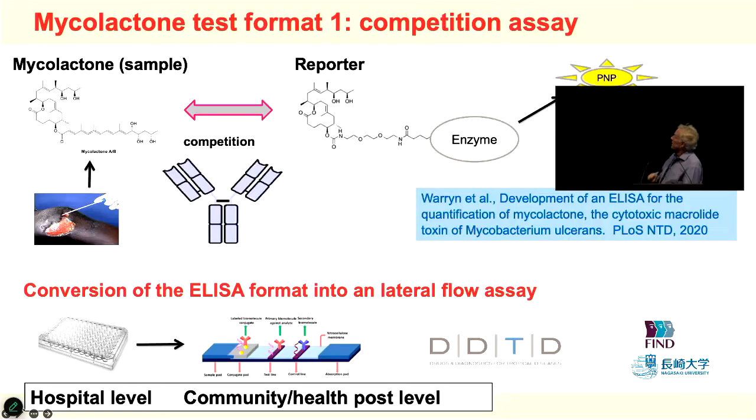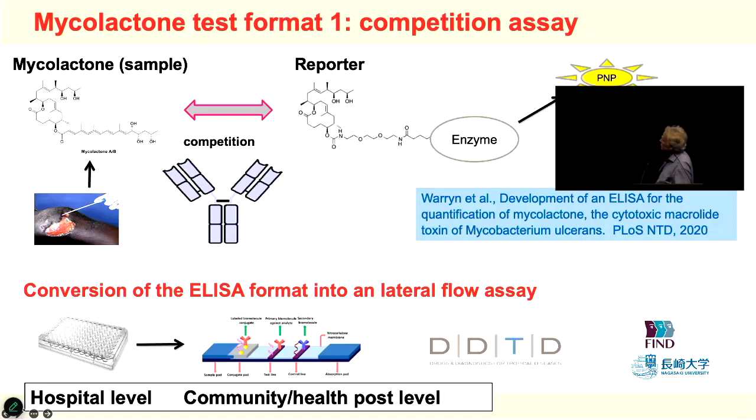Out of a larger set of antibodies, one was outstanding in performance with a competition assay. In this assay, you use a synthetic mycolactone, which gives a signal. So you have a signal when there's no mycolactone, and if a sample has mycolactone, then the signal goes down, because the mycolactone is competing with the reporter.